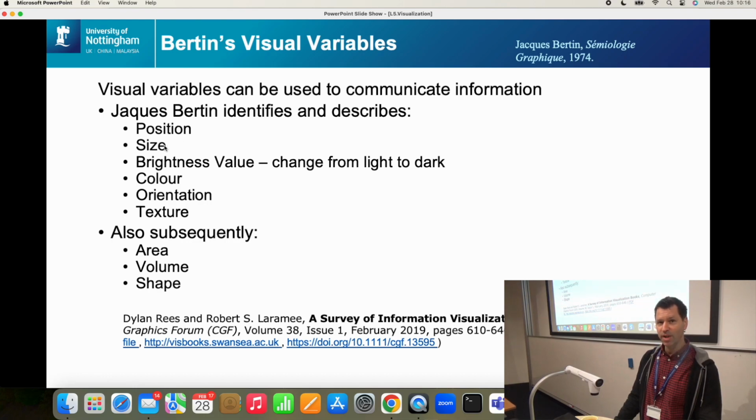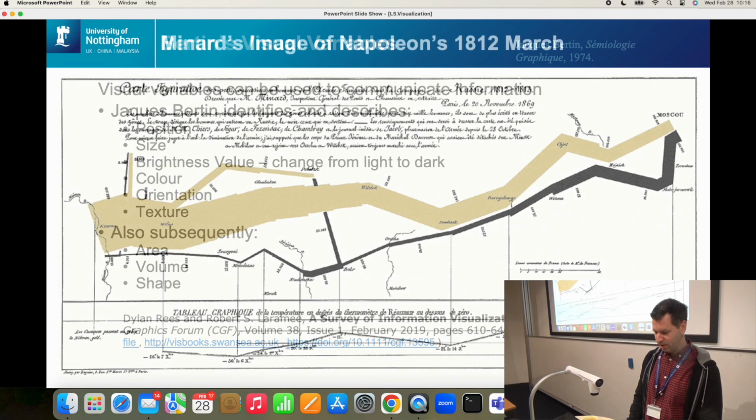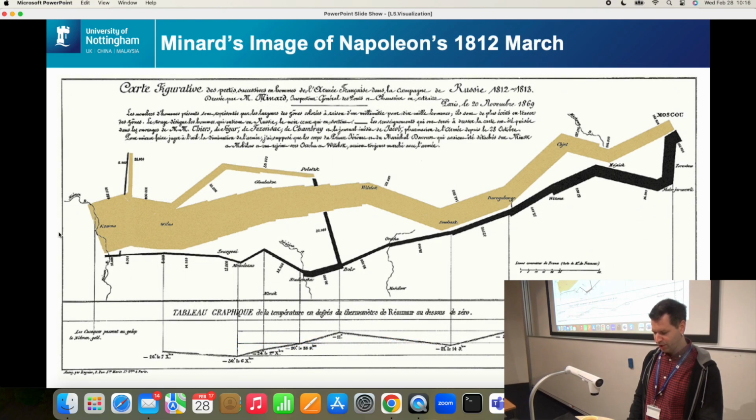Size, we saw size on the previous image. Brightness, we didn't really see anything about changes in brightness in the previous examples. Color, we saw color encoding. By the way, the color here, the orange, or beige, is on the way to Moscow, and the black is on the way back to Paris.